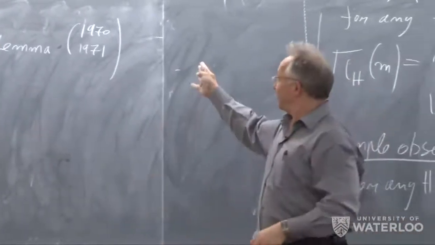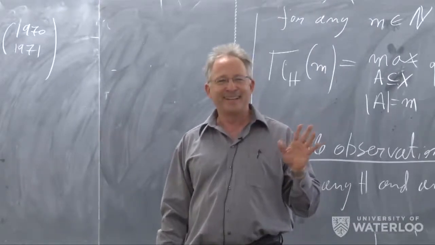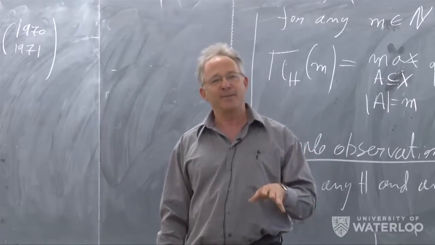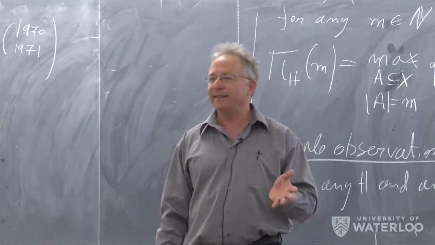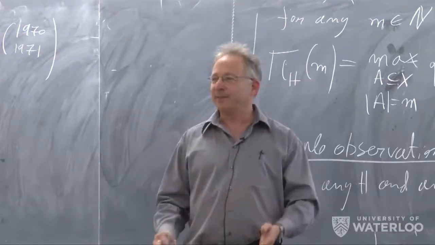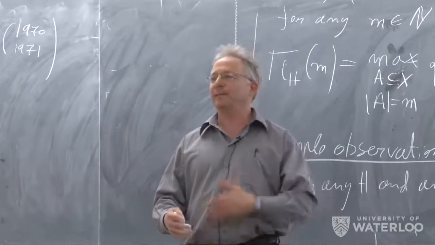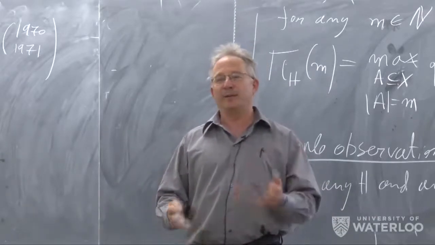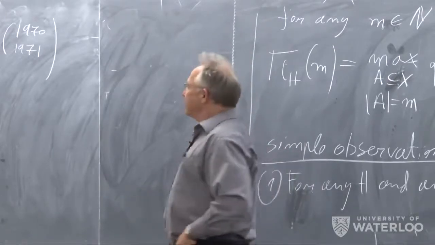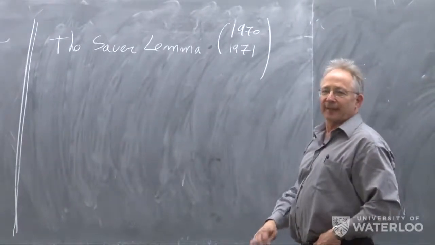For you, 1970 is ancient times, but for me, it's not so ancient. In these times, we didn't have internet. When someone got a result, they wrote it on real paper and sent it around to their friends, and they had to wait for the mail to reach there. People in different locations did not have very good communication. So it turns out that exactly at the same time, the same result was discovered in many places.